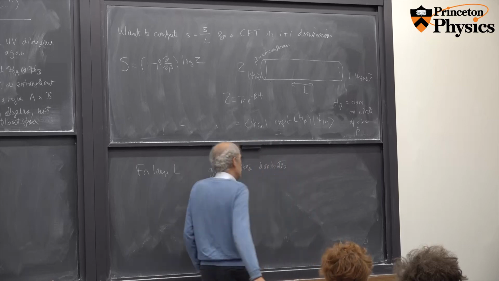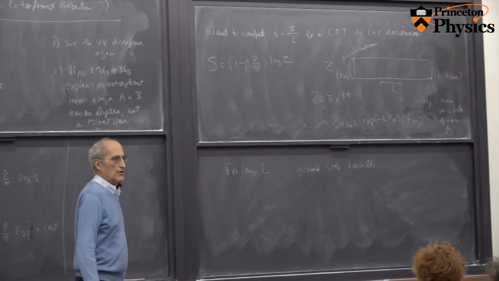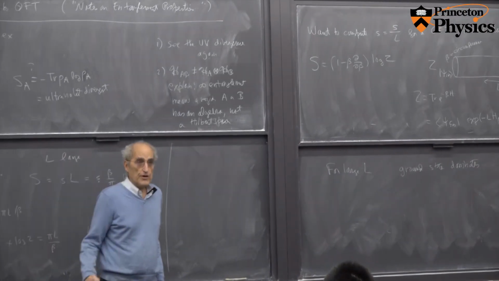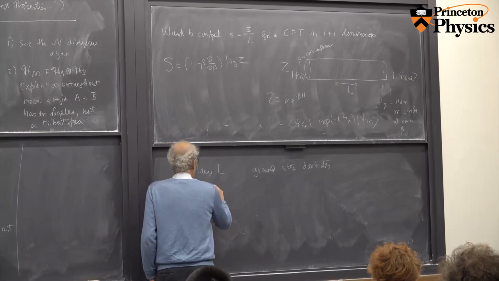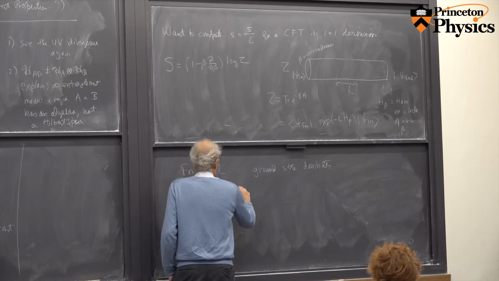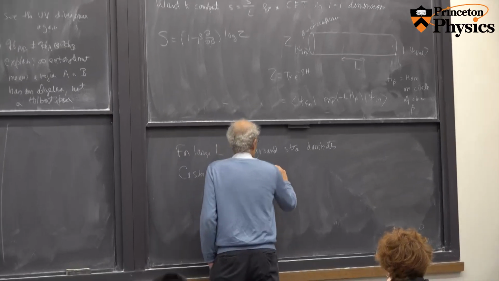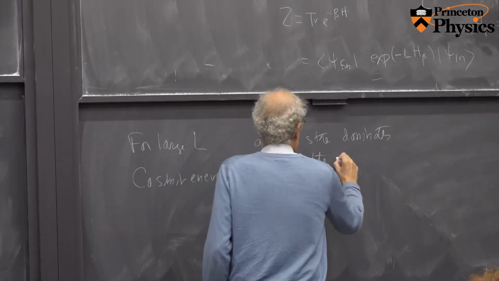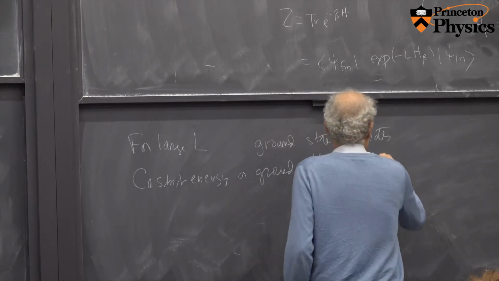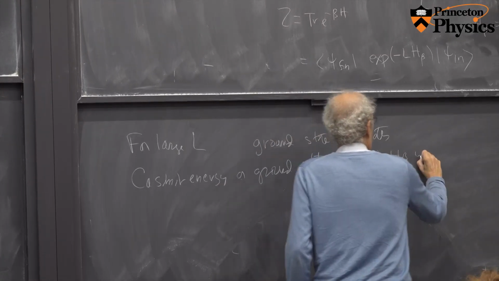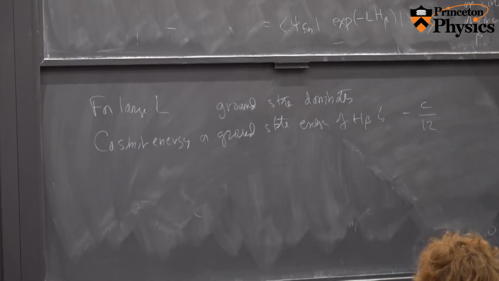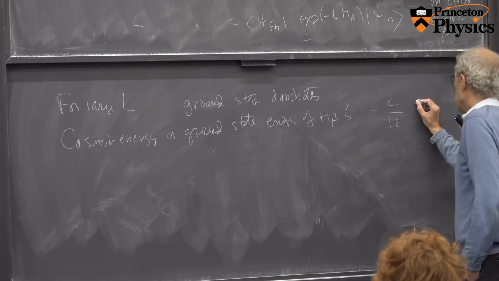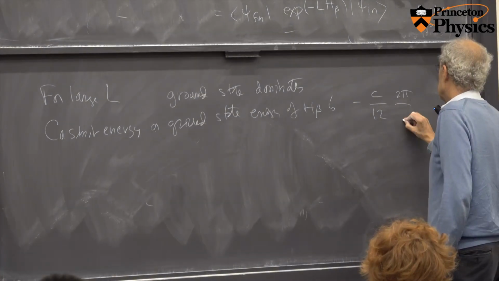And now we're going to need to use the same fact about the Casimir energy that we used in the other computation of the entropy. The Casimir energy, or ground state energy, of H beta is minus c over 12 if beta is 2 pi, and otherwise it's minus c over 12 times 2 pi over beta.